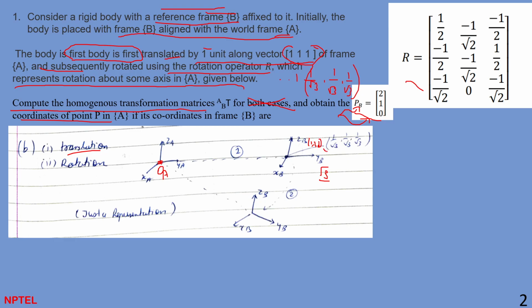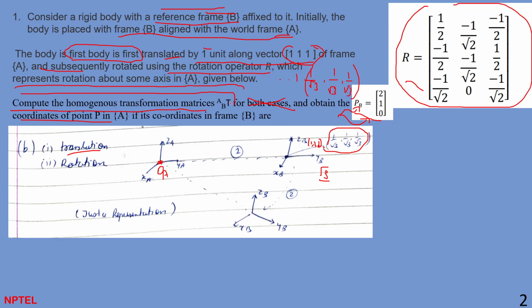So after translation, your new position is this point, and next you need to do some kind of rotation. This is a rotation matrix. So the first part is to compute the homogeneous transformation matrix here.